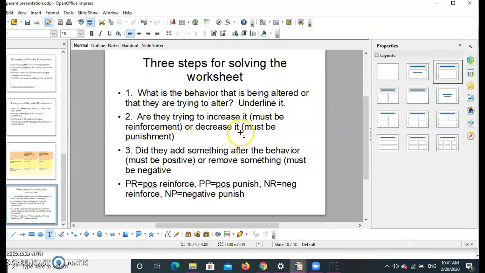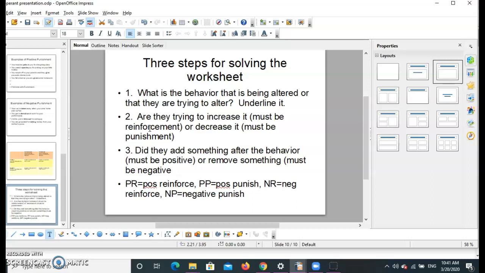Am I trying to increase that? If so, you're automatically, without giving it any other thought, I promise this is the way to do it, write down reinforcement, or write down an R as your second letter. Or am I trying to decrease it? In which case it has to be punishment.